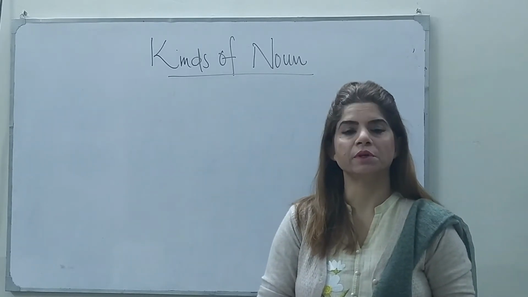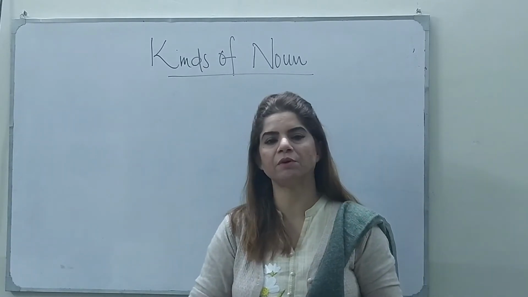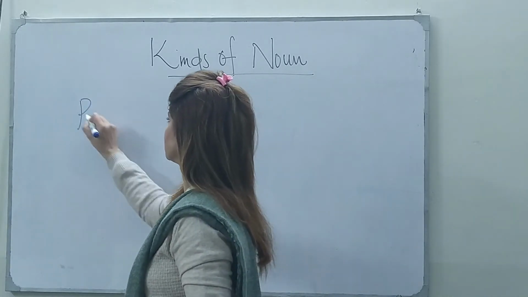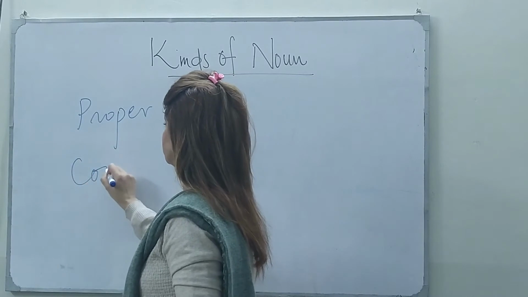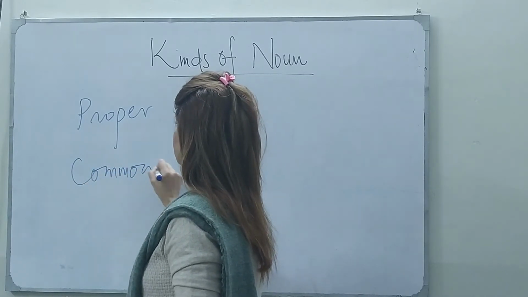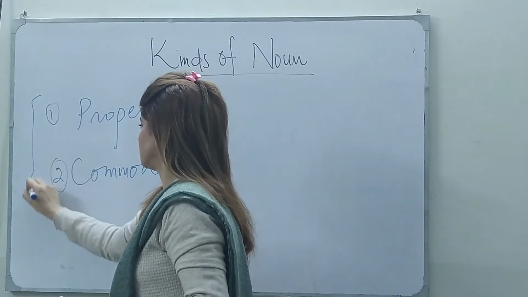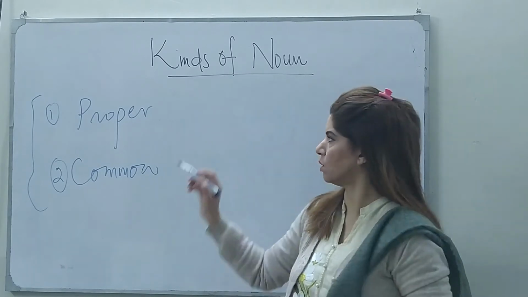Okay, the most common, the very familiar, you will definitely be familiar with it, that is proper and common noun. We can put it into a bracket to tell what is proper and common noun.